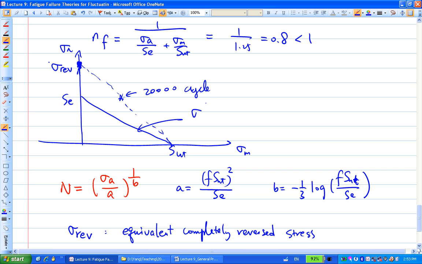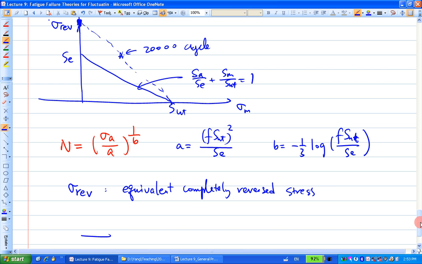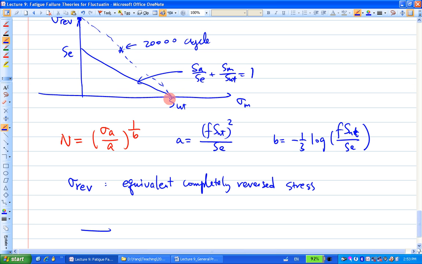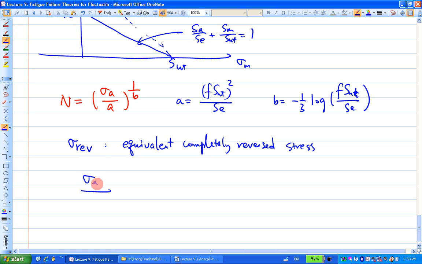It's SA over SE plus SM over SUT equal to 1. That's this. If you use the same analogy for that particular line, SE is this value, sigma REV comes here, so sigma A over sigma REV plus sigma M over SUT equals 1. So that's the line equation.